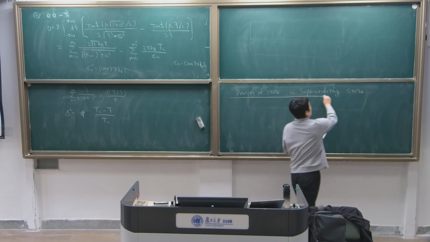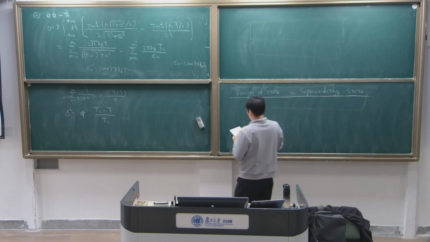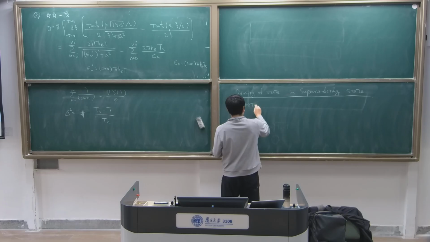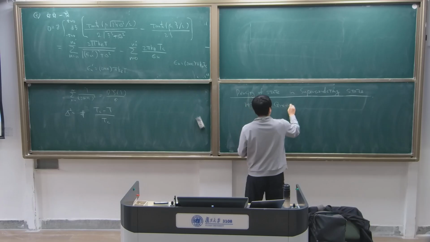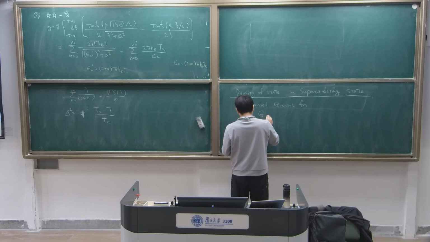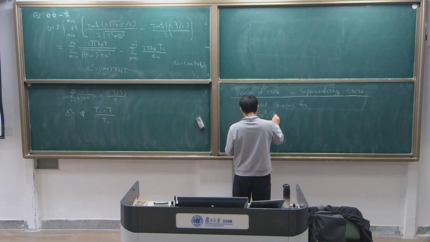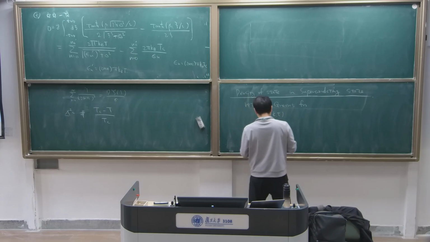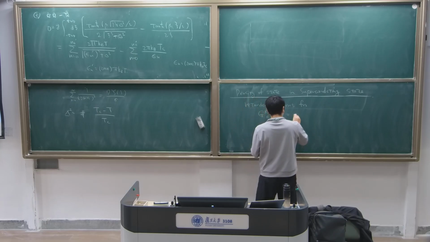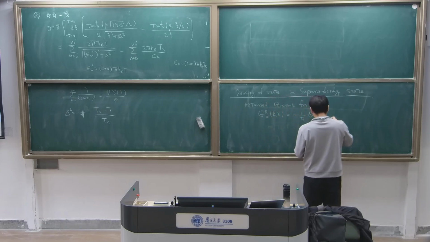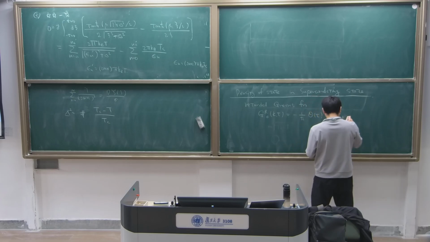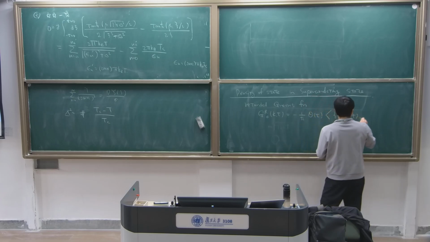So this retarded Green's function G_R of sigma in t is in fact given by minus i theta(t) times the anticommutator of a_sigma(t) and a_sigma dagger.